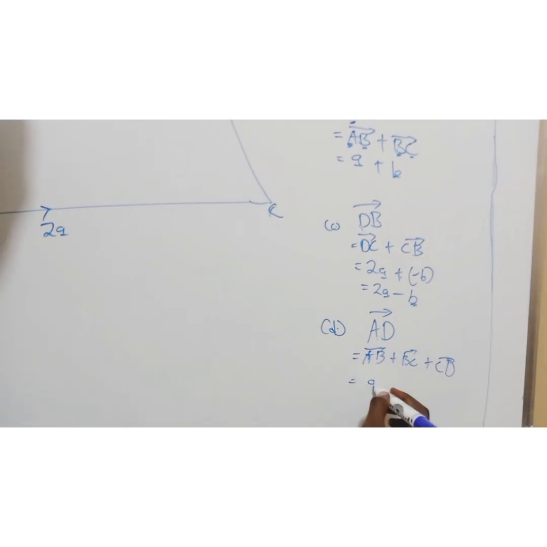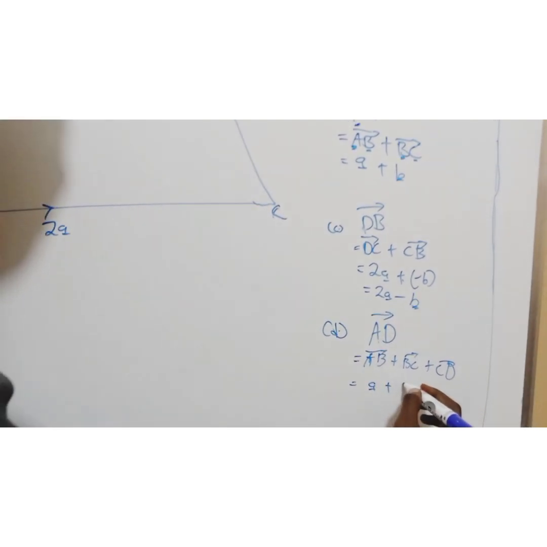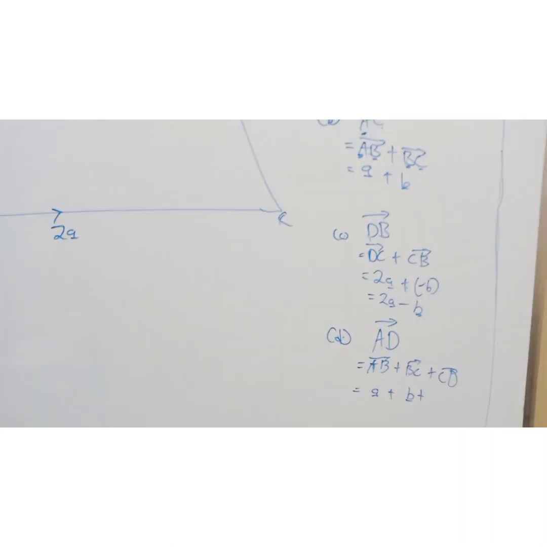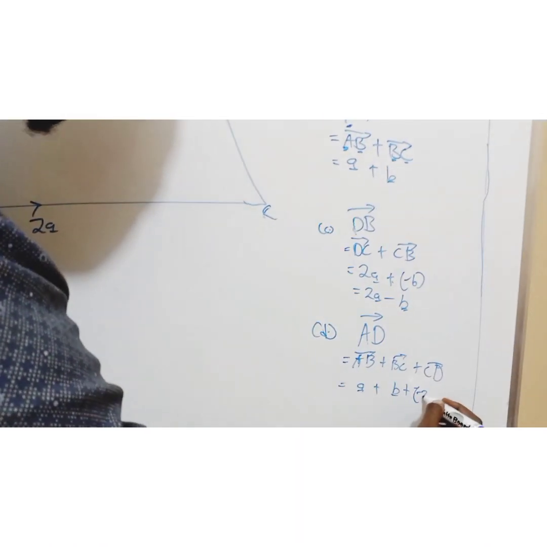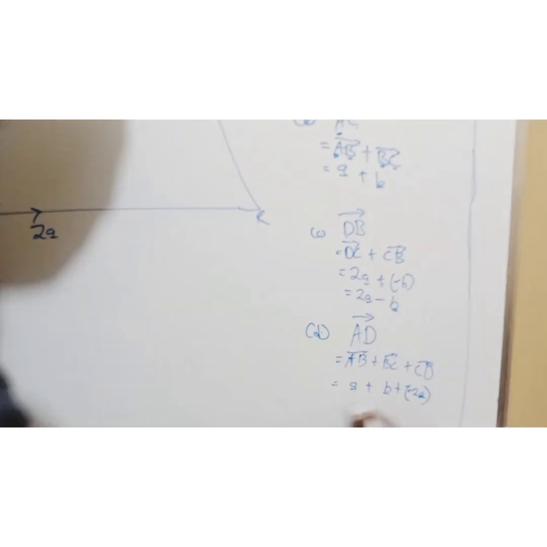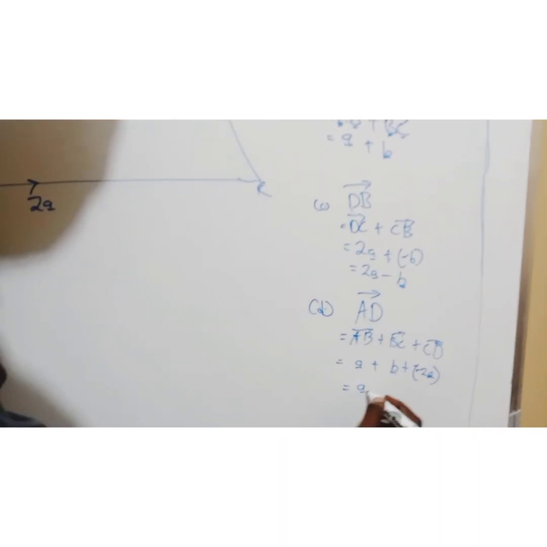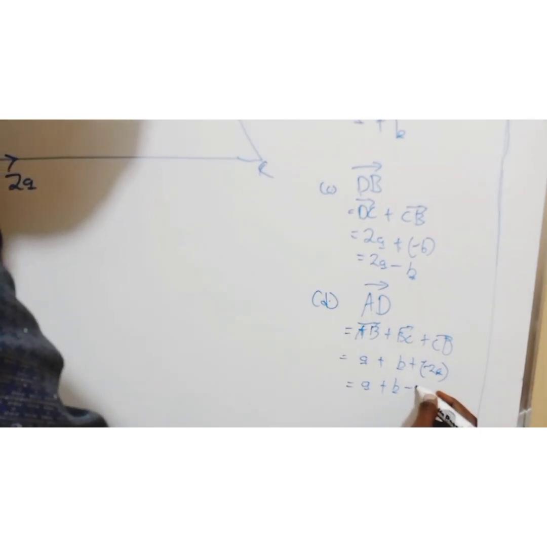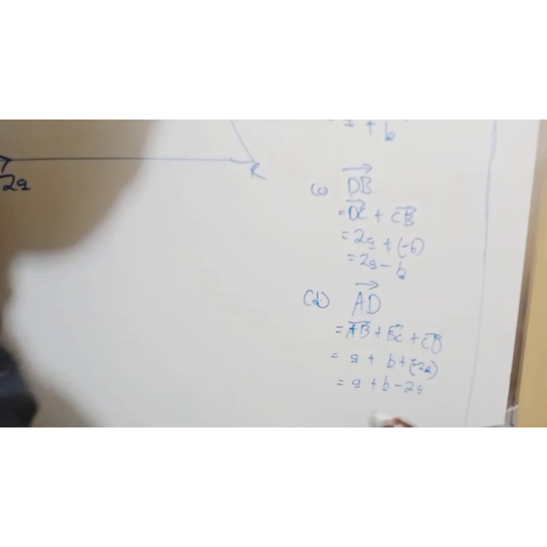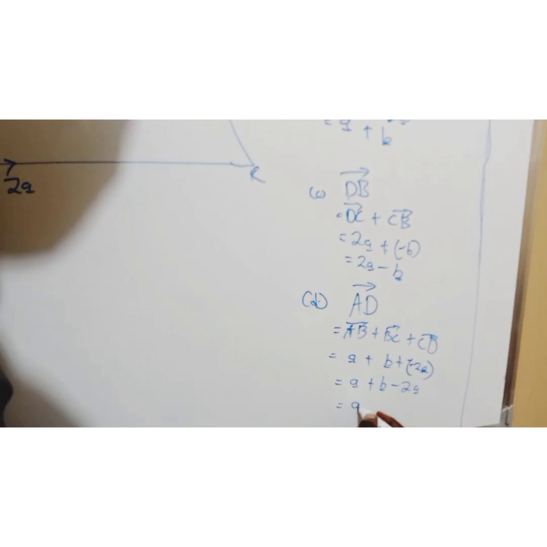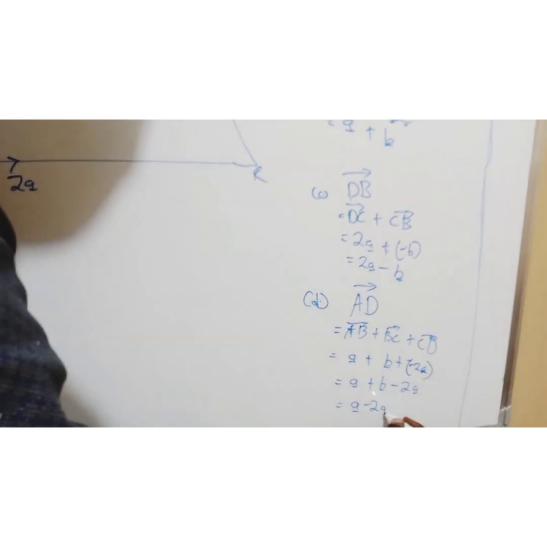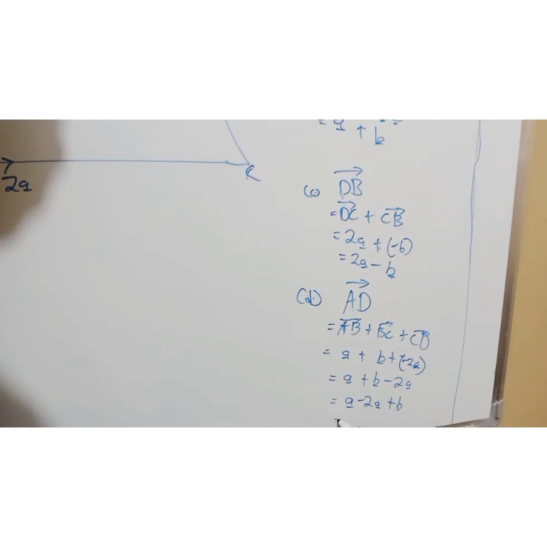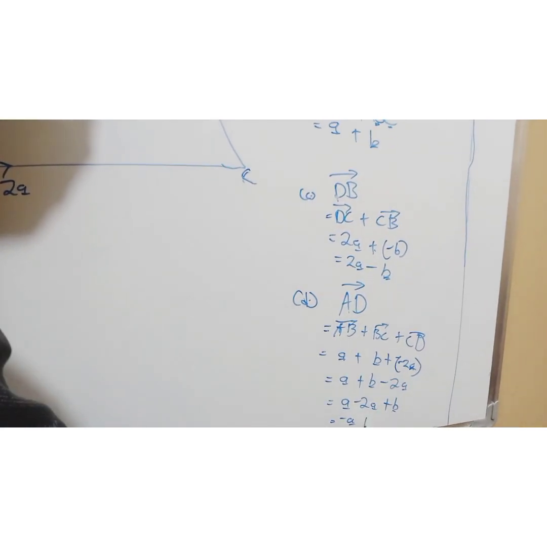AB is A. Plus what is BC? B. And then plus what is CD? CD is negative 2A. Always put the negative in brackets. So A plus B, plus negative 2A. This will give you A minus 2A plus B. So A minus 2A, this will give you negative A plus B.